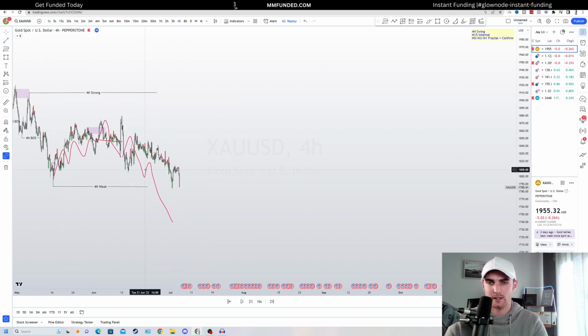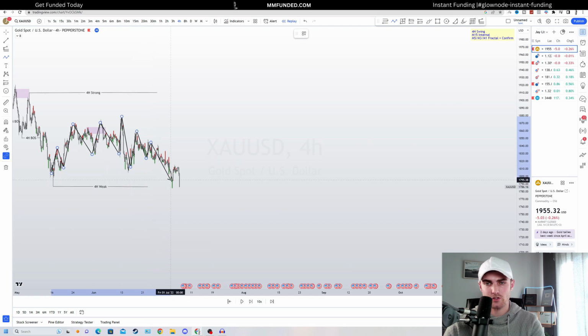All right, so let's just quickly go over this. We've had that break of structure, pullback, break of structure, pullback, break of structure, pullback, break of structure to the downside, pullback, break of structure to the downside, pullback to continue targeting these weak lows.